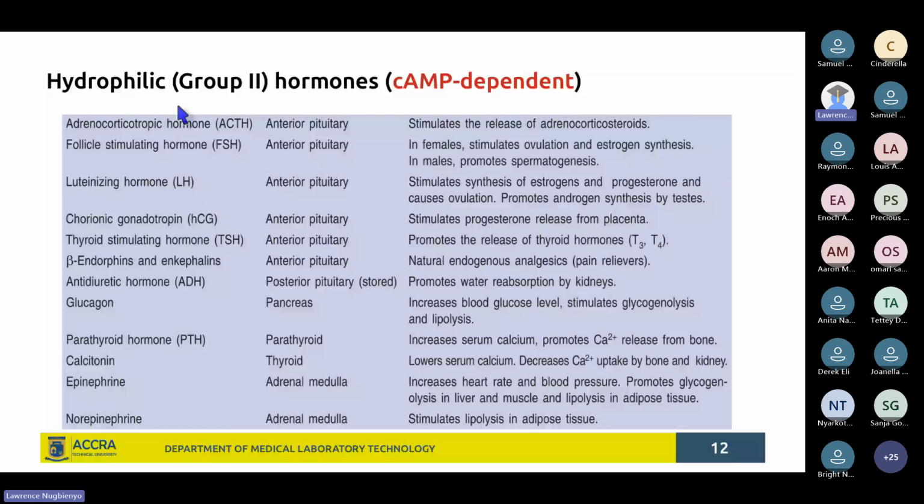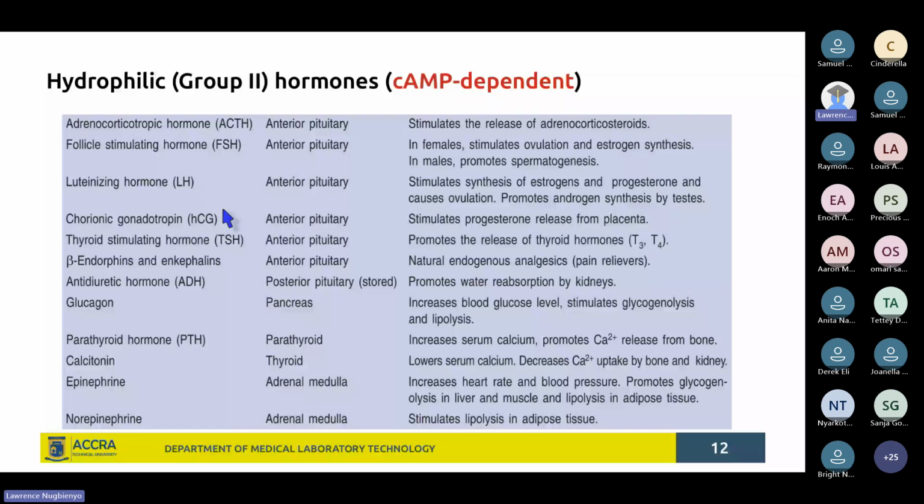And one of those compounds that act as a second messenger is cyclic adenosine monophosphate. So the group 2 hormones have the first group of hormones as cyclic adenosine monophosphate dependent. They use this cyclic adenosine monophosphate as a second messenger. And you have a list of them.